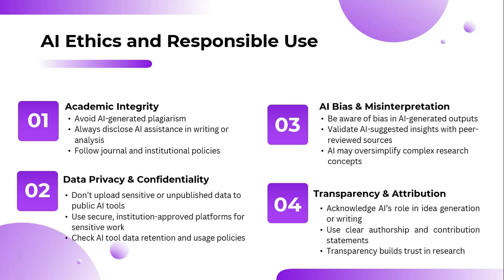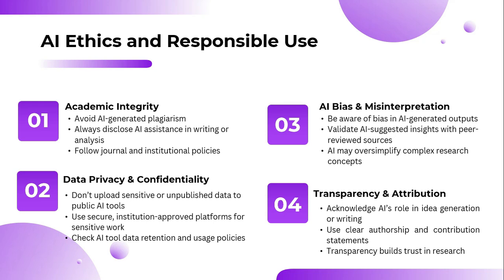Always be alerted about AI bias and misinterpretation, and follow a very structured approach while validating the AI suggested insights. You should always understand this thing very clearly that AI may oversimplify complex research topics or maybe concepts. Okay, see, everything is not that simple as simply the AI generates it.